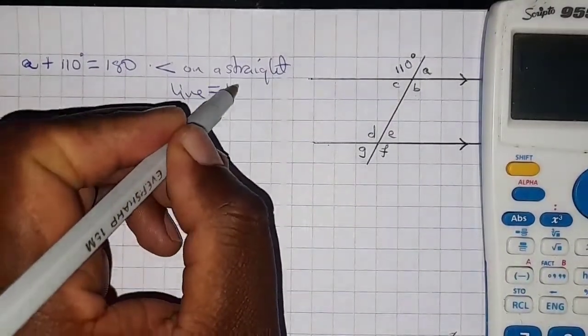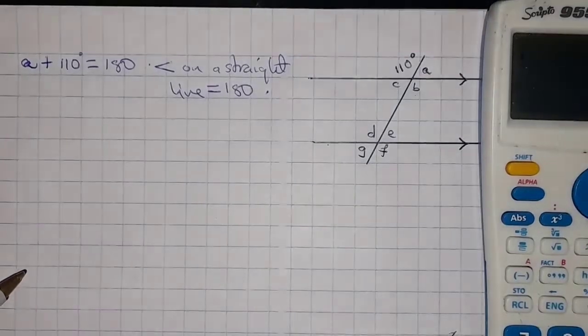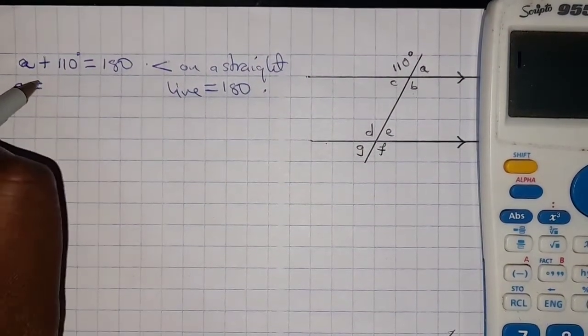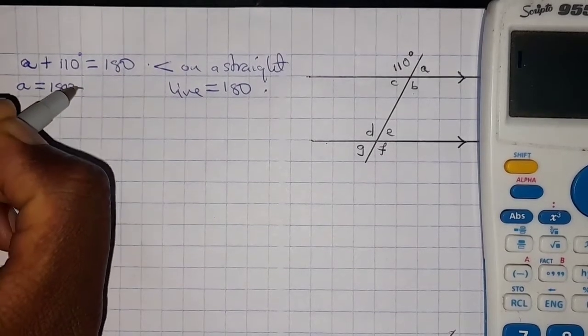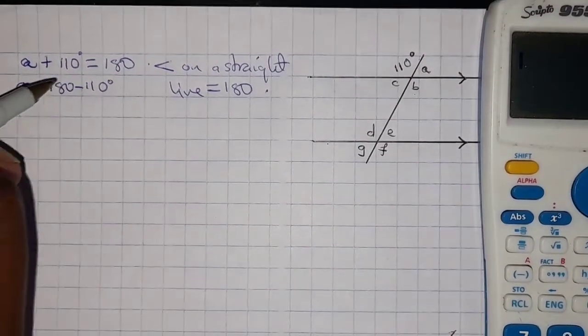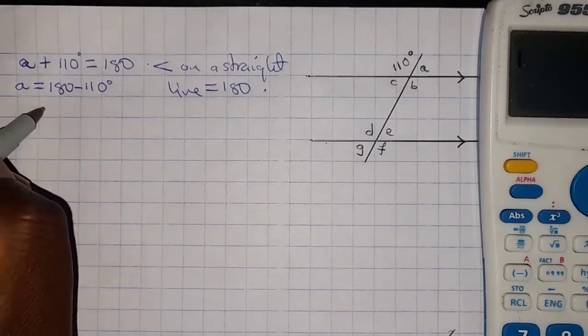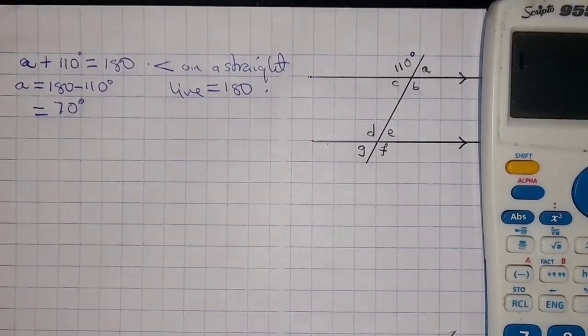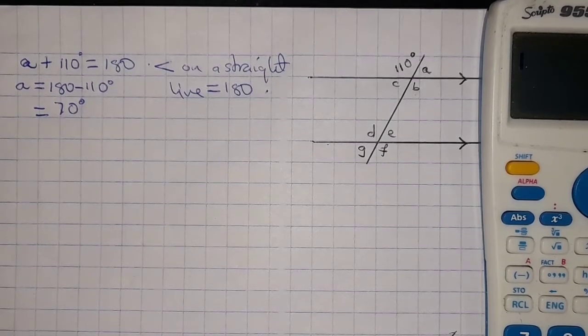They add up to 180 degrees. That is our reason here. So A is equal to 180 minus 110 degrees, and this is equal to 70 degrees. So A is equal to 70 degrees here.